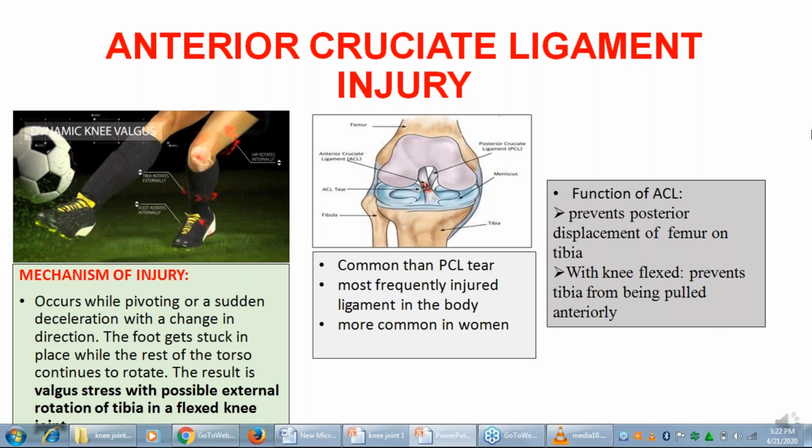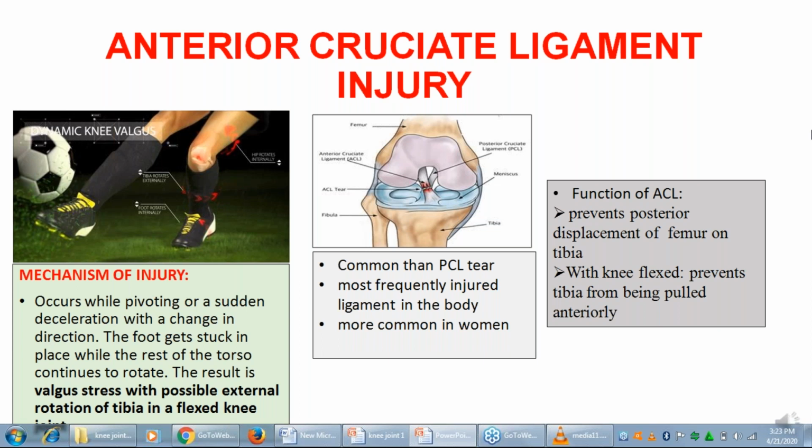But if the anterior cruciate ligament is torn, or there is an injury to it, the tibia will be drawn anteriorly, and a soft endpoint will be there. The tibia will be easily drawn anteriorly. So this is a positive anterior drawer test, which is confirmatory that there is anterior cruciate ligament injury.